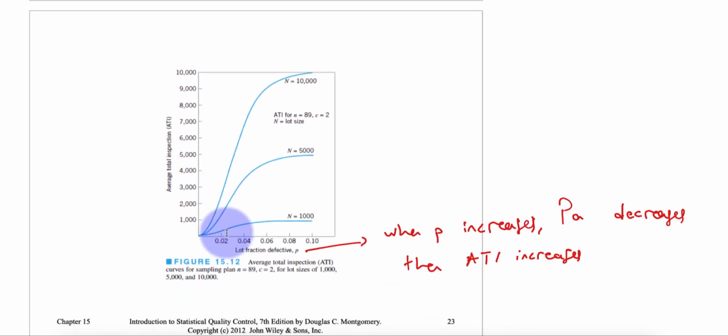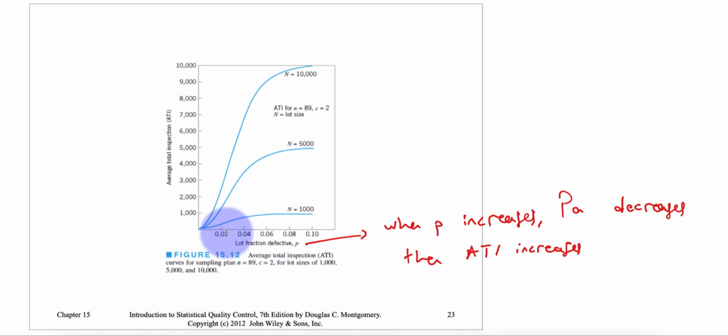Let us see this different average total inspection number with the different lot fraction defective. In this plot, we can see that when we increase the sample size, the average total inspection increases, right?